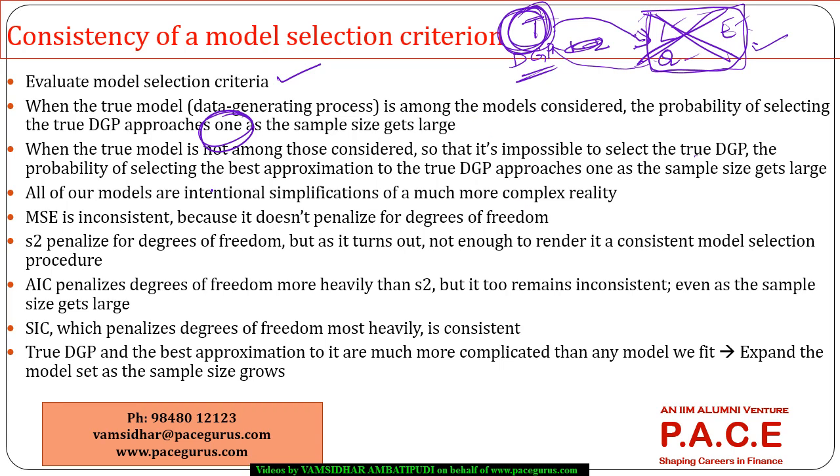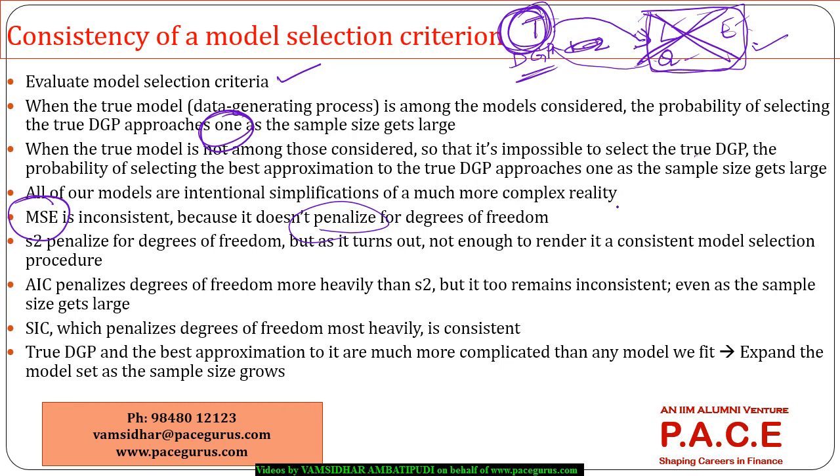Now this is where we should understand the different models or different error selection criteria that we have. A more consistent criterion means if I increase the sample size, the probability of selecting the true model should typically go up. And that is where researchers have said MSE, mean squared error, is inconsistent because it does not penalize the degrees of freedom.